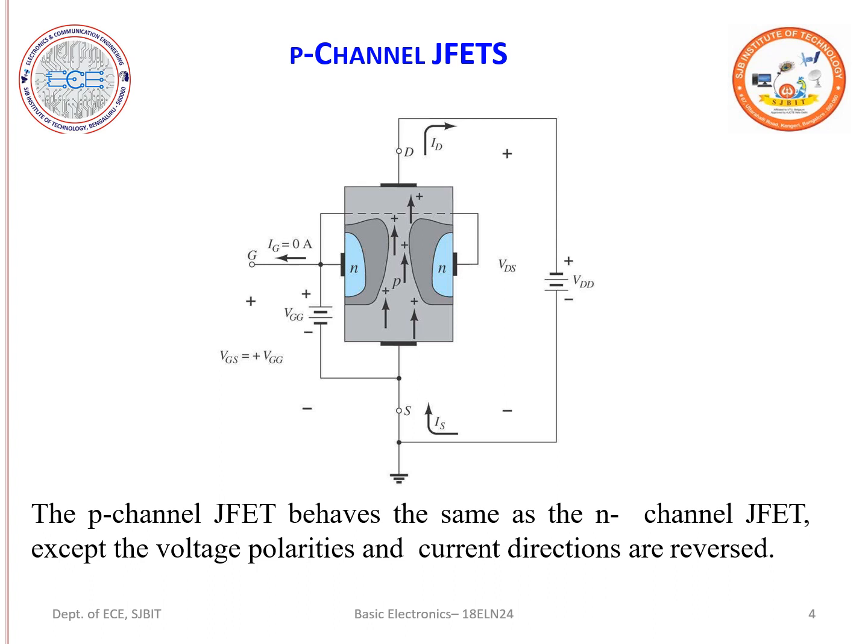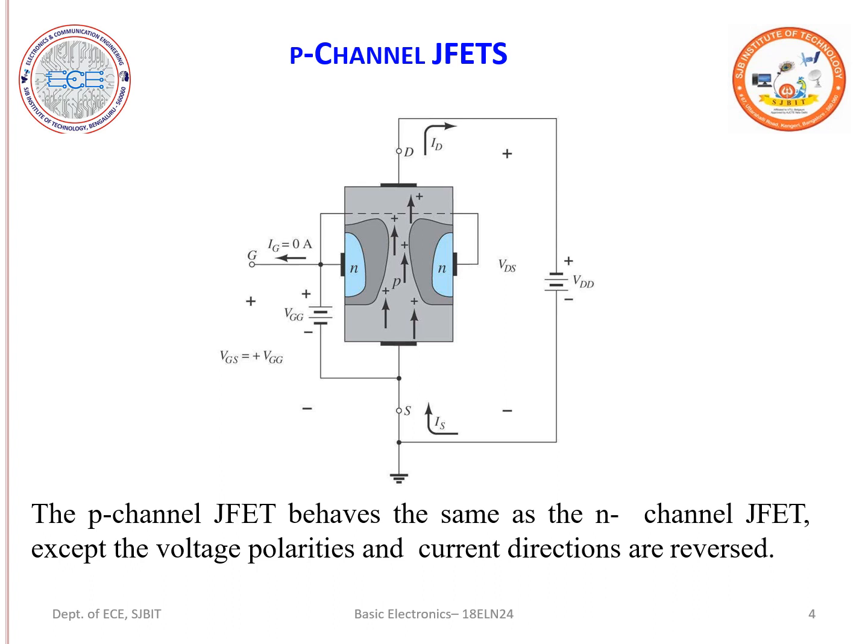During the operation of the N-channel JFET, we saw that VDS, the drain to source voltage, was positive, and we used to reverse bias the gate source voltage, VGS. Here also we are going to maintain the reverse bias only.